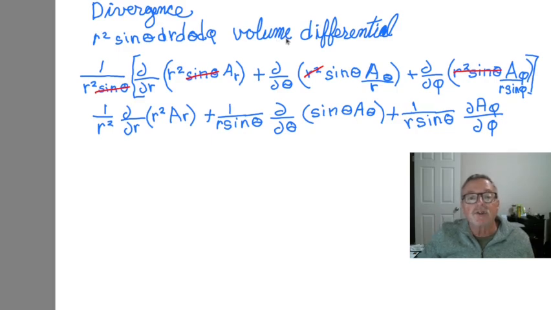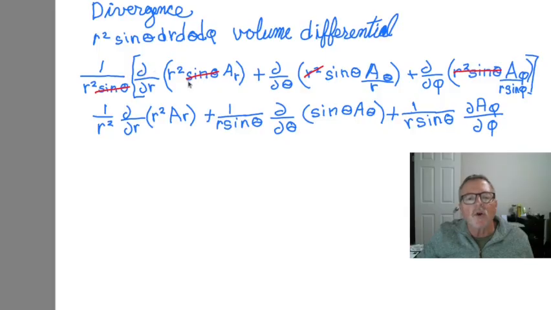Now, the divergence formula or definition says that you're going to find the change in the volume. Here's the correction factor over here, 1 over r squared sine theta, and inside here is the volume, the r squared sine theta, which is the volume that we're taking the change of.